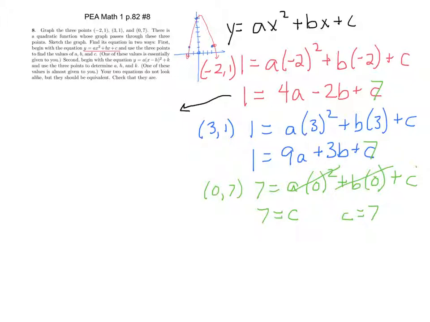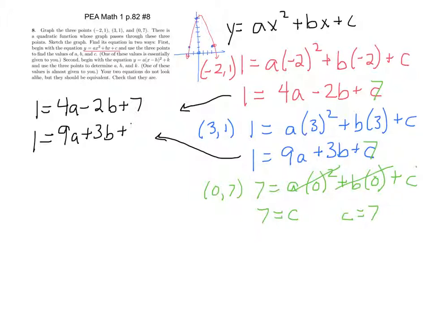So I have 1 = 4a - 2b + 7, and then I have 1 = 9a + 3b + 7. Now we have 2 equations, 2 variables. We want to solve for those 2 variables. The whole goal here is to find a, b, and c, substitute those in, and you'll have your equation of the parabola. We already have c. C is 7. You can go put that right up here.